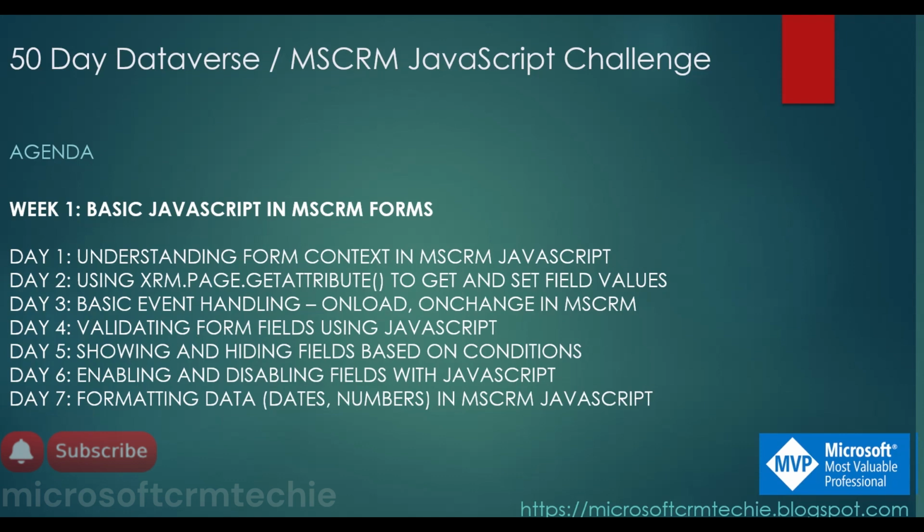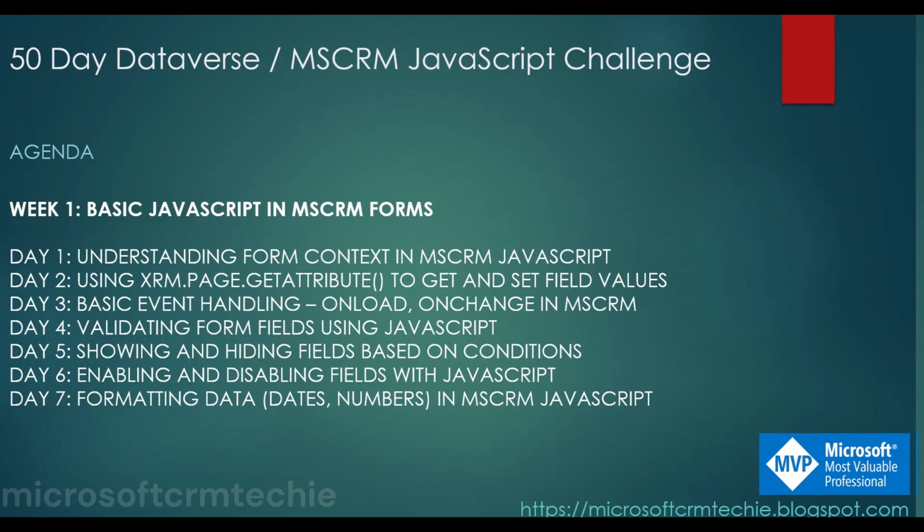So we are going to see the basics of JavaScript in Dataverse or Microsoft Dynamics CRM forms. Day one, we are going to see about form context, and day two, how to get attribute value and how to get and set field values, and day 3 about onload and on change event.